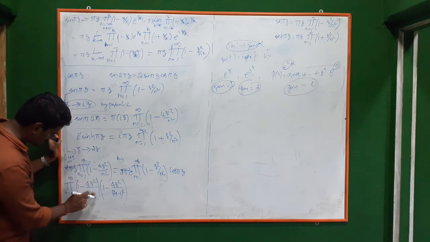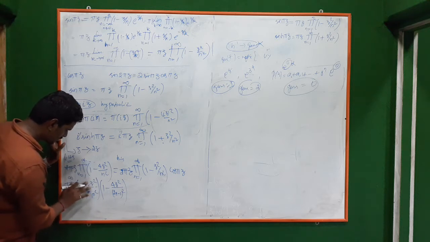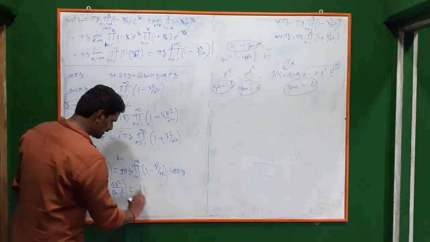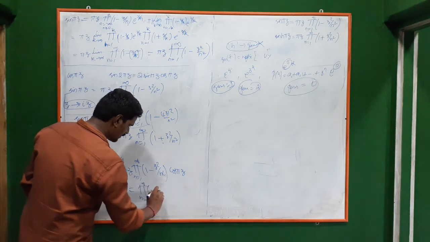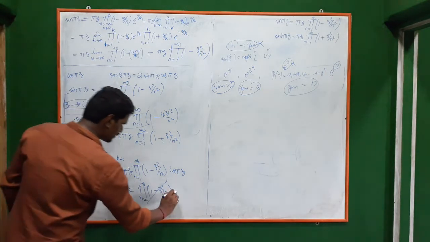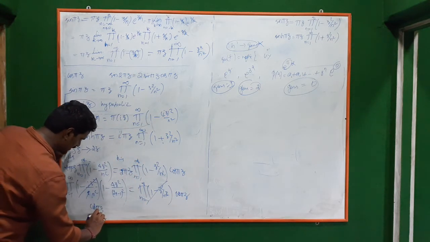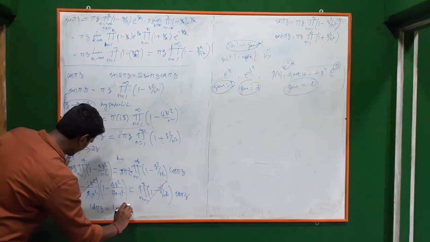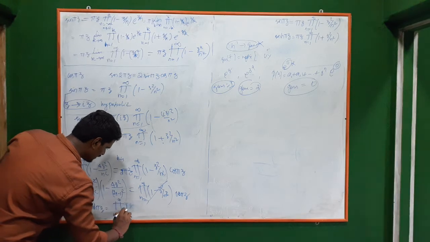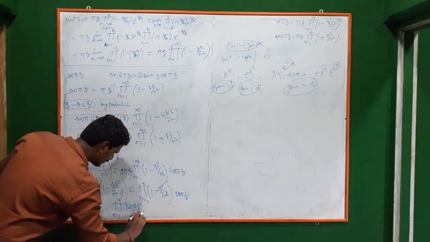If I write for even, (2n)² is 4n², so the 4 will be cancelled out. What is this? The product of (1 − z²/n²) itself, which is the thing we have on the right-hand side. So this will be cancelled out. And so cos πz is the product over n from 1 to infinity of (1 − 4z²/(2n−1)²).